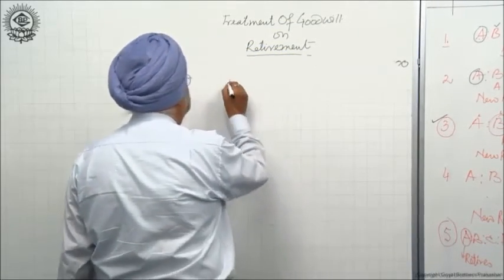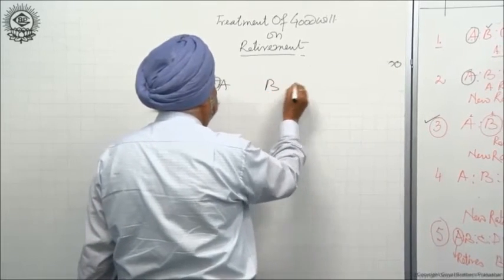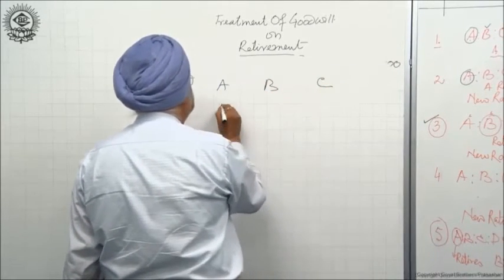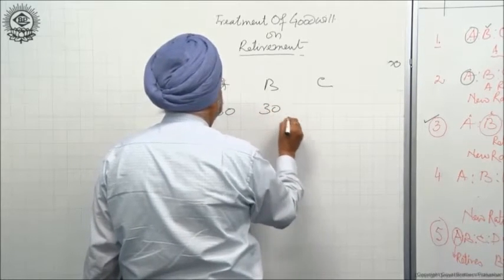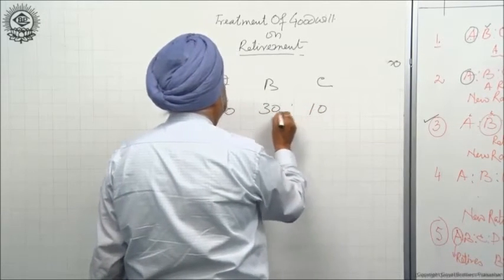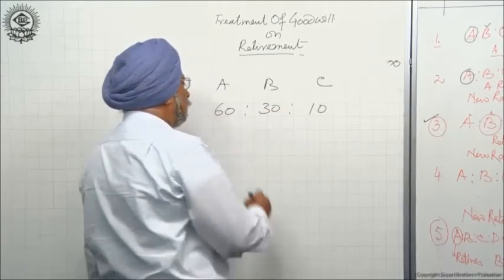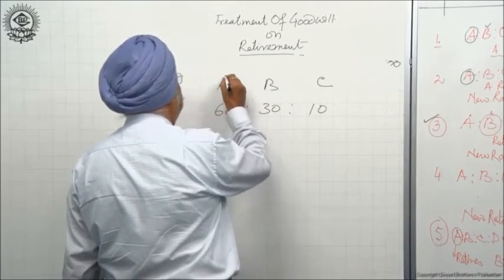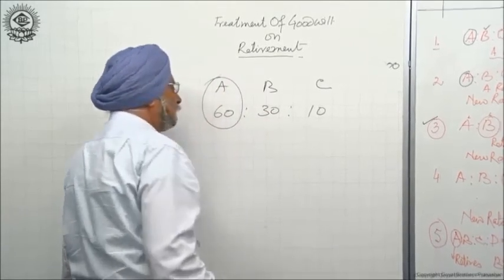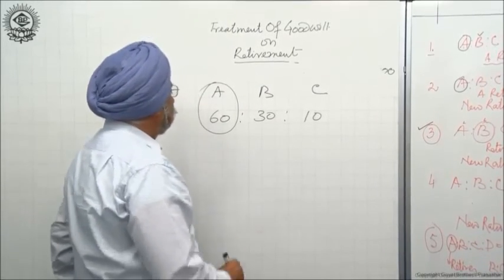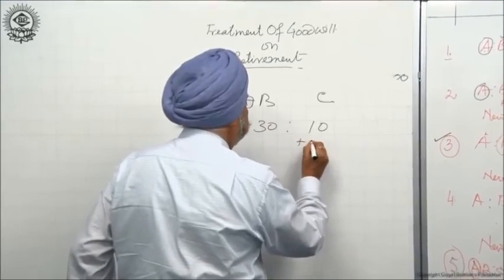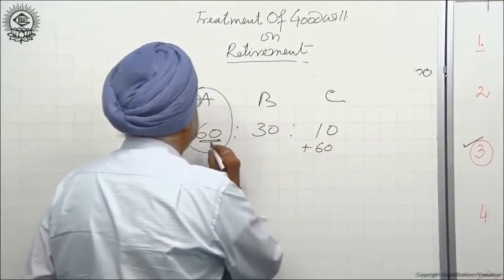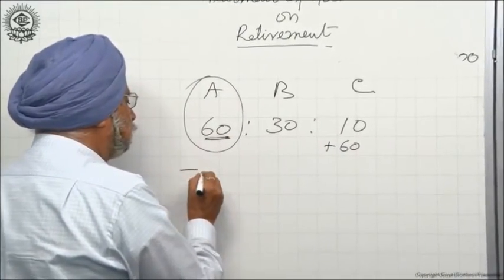In this case, we have three partners, let us say A, B and C, and they are sharing in this ratio: 60 paisas, 30 paisas and 10 paisas. And say A retires, and his 60 paisas are going to C. So A suffers 60.